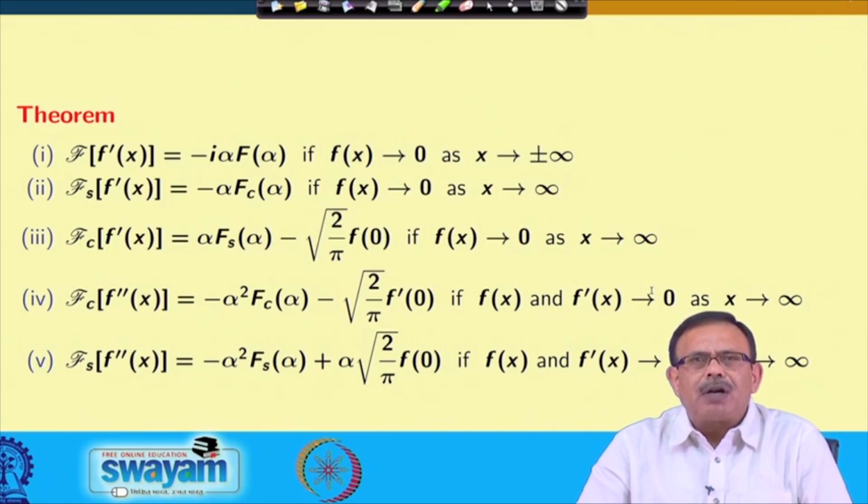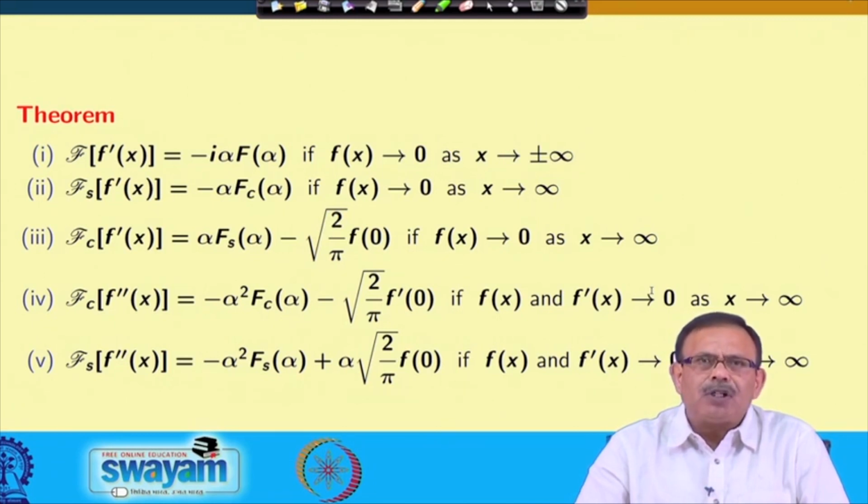Now, this particular condition is required. Whenever we prove it, we will tell why it is required. This condition is that as x approaches plus minus infinity, f x approaches 0. Similarly, number 2, the Fourier sine transform of f dash x equals minus alpha into the Fourier cosine transform of alpha, where f x approaches 0 as x approaches infinity.